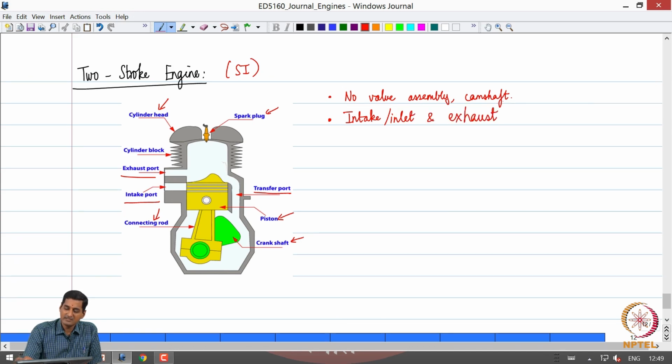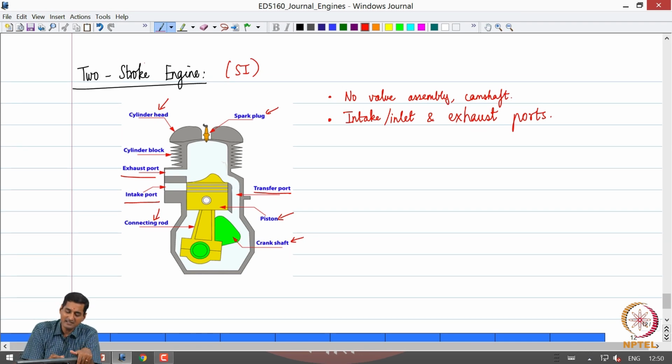These are the mechanisms by which the fuel air mixture is taken in and exhaust gases are removed respectively. Ports are openings or channels, and we will shortly see, when we discuss the operation of a two-stroke engine, that the piston itself covers and uncovers the ports at the appropriate time.